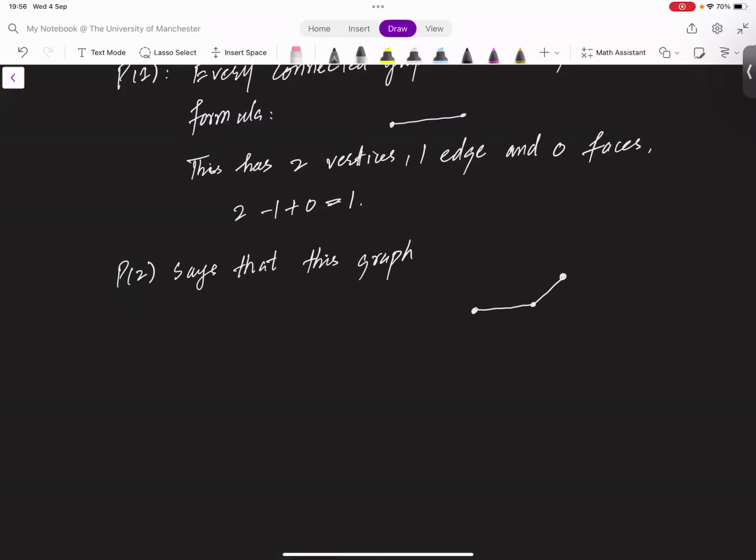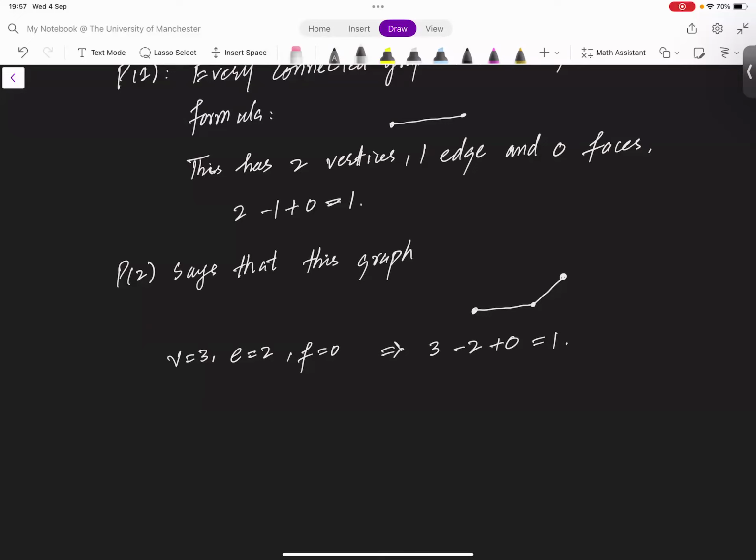This has V3, E2, F0. So that is 3 minus 2 plus 0 is 1. Okay.